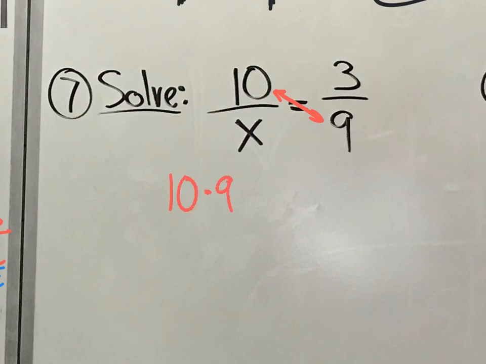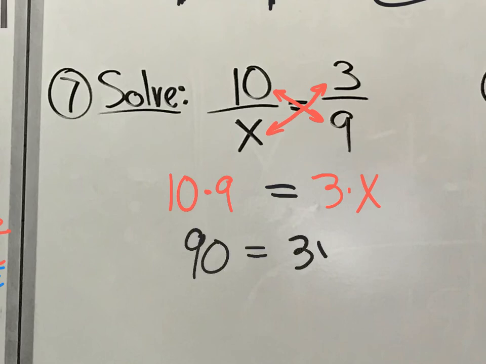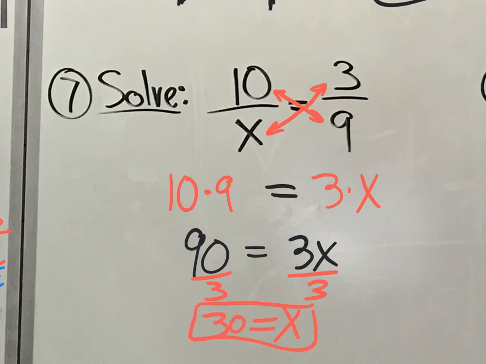And then you put equals. And then you go x times 3 or 3 times x, whatever you want. It doesn't really matter. So I'm going to go 3 times x, okay? So what do I really have? I have a nice, beautiful equation with no more fractions in it. It's really 90 equals 3x. And then you divide by 3, divide by 3. By the way, you could use a calculator tomorrow. 90 divided by 3 is 30. And that's your answer, x equals 30.